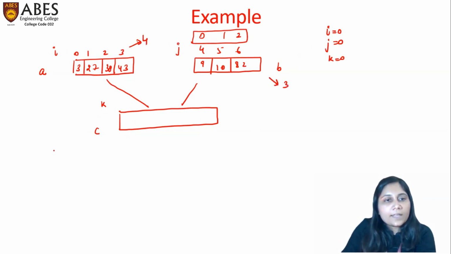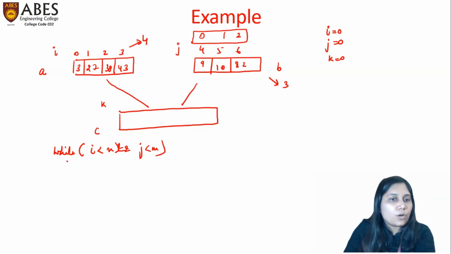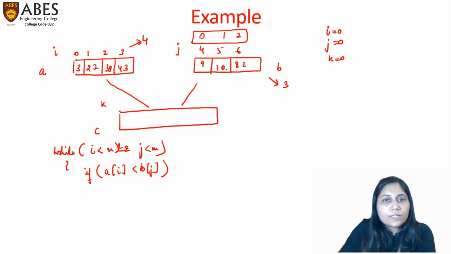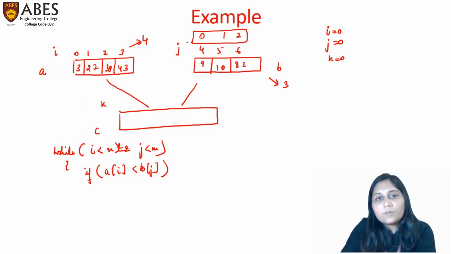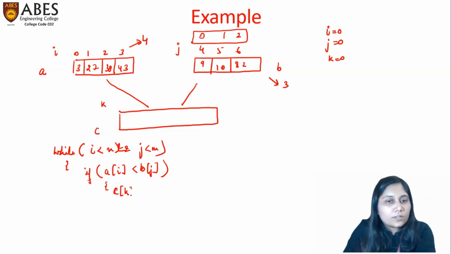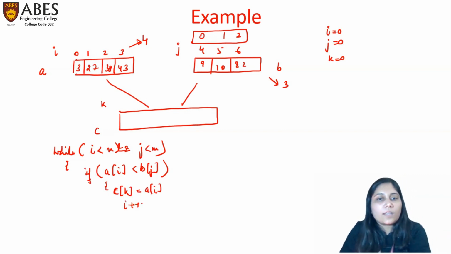So I'm writing while I is less than N and J is less than M. We are going to check if A of I is less than B of J. If this value is less than this value, because you have to compare with the first indices only, then I am going to put C of K equals A of I, I plus plus, and then K plus plus.